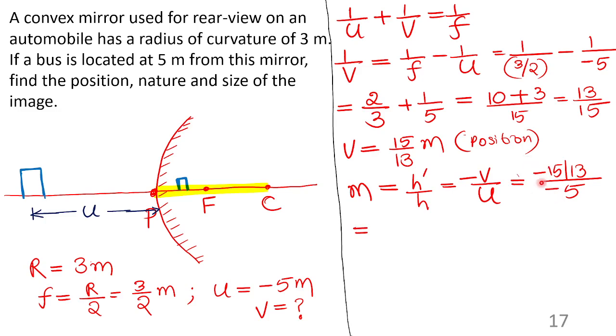Minus minus cancels. 15 by 5 becomes 3. 3 by 13. Magnification is 3 by 13. I mean point something. Its value will be approximately 0.2.